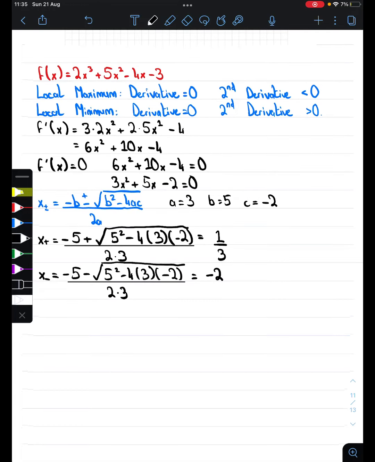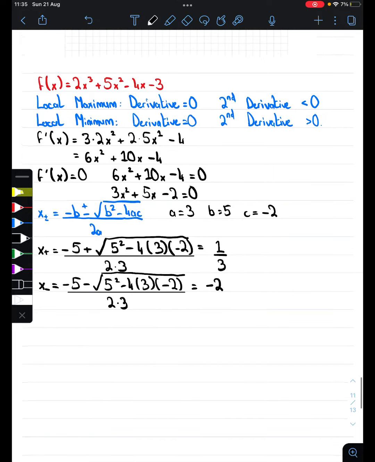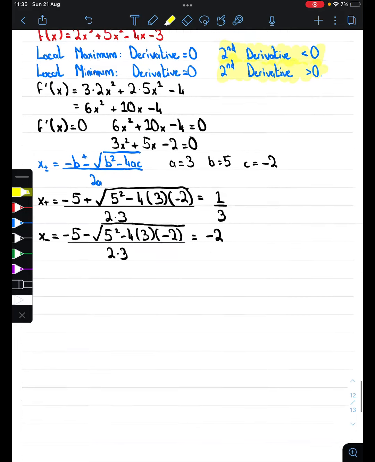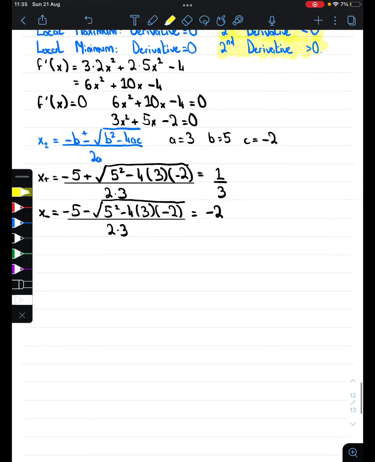But which one is the minimum and which one is the maximum? Well, we could use this second derivative test, but we actually don't need to. We can actually just plug these in to f and see which one is bigger.